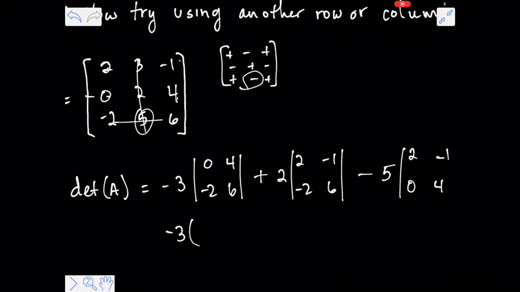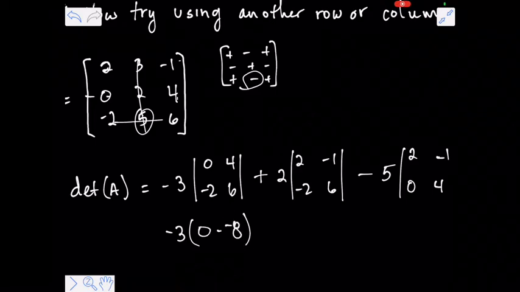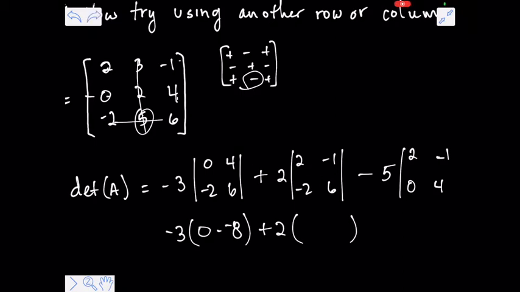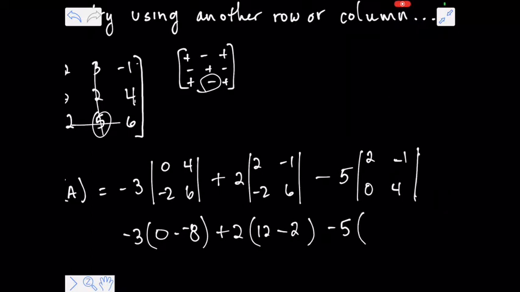Now, I calculate all of these determinants. This is 0 minus that, which is negative 8, so minus negative 8. That product is 12 minus that product, which is 2. And here we have this product, which is 8 minus that product, which is 0.